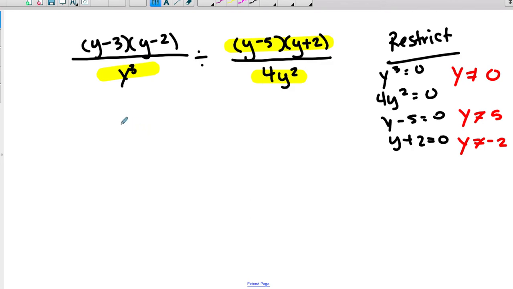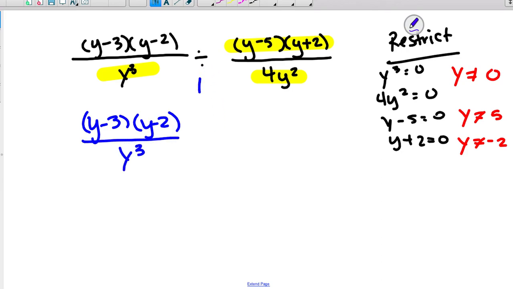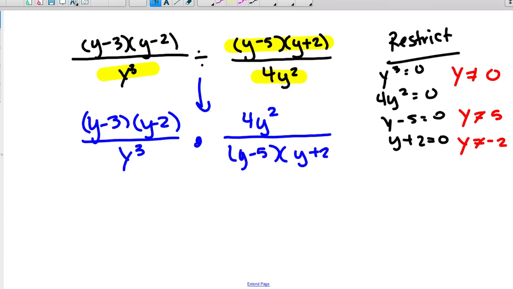And then we're going to leave it. So leave the first term as it is. Change that to multiplication, and then flip it. All over y minus 5, y plus 2.